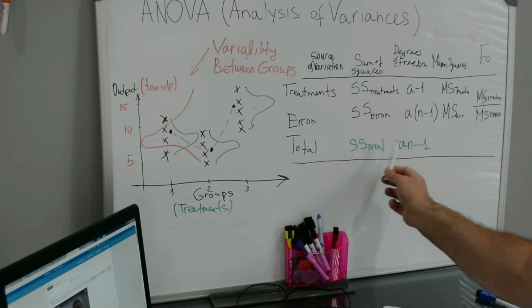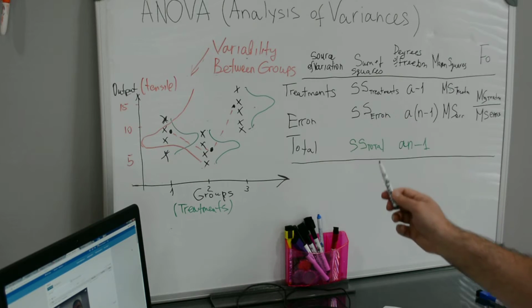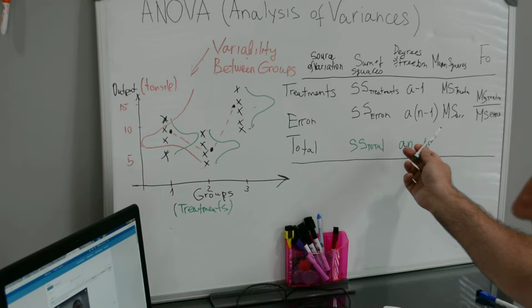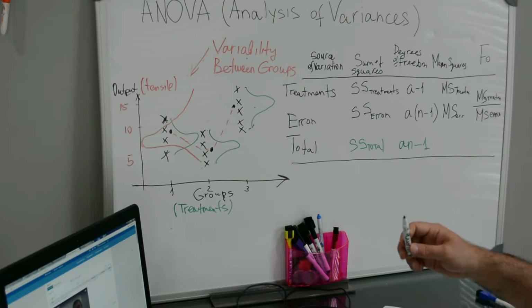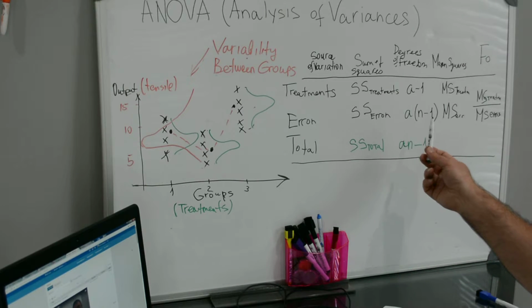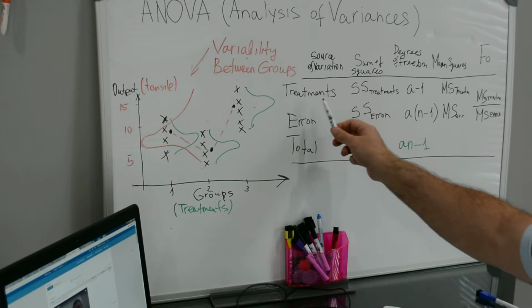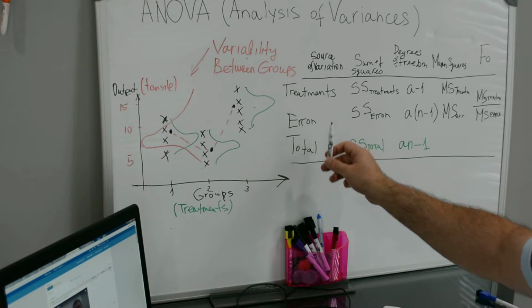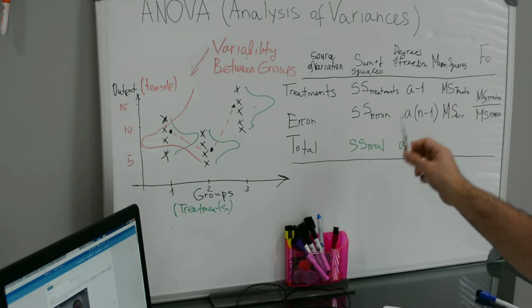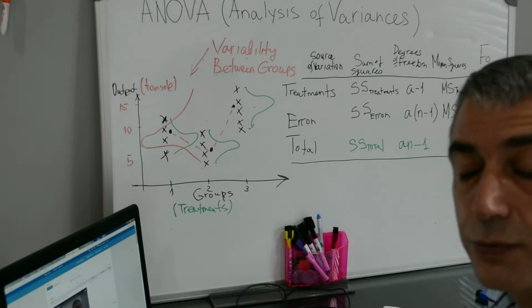Basically, the total sum of squares equals the sum of squares of treatments plus the sum of squares of error. And then each sum of squares, for treatments and error, is divided by the respective degrees of freedom.